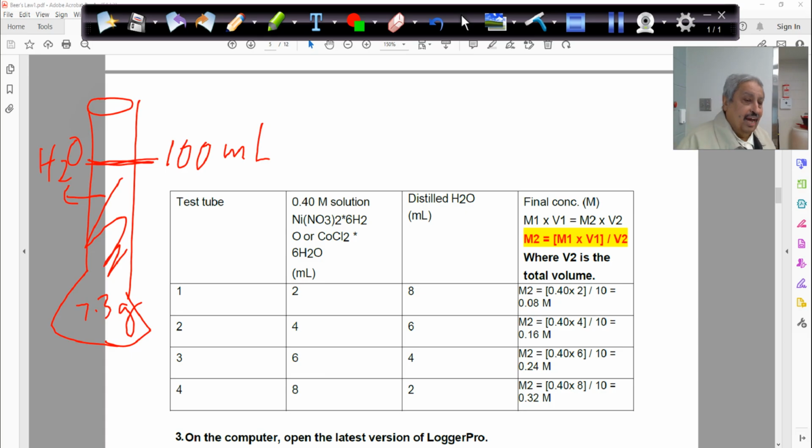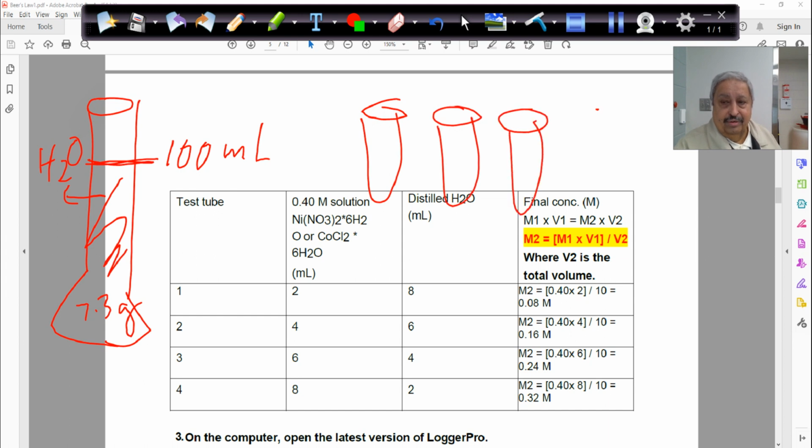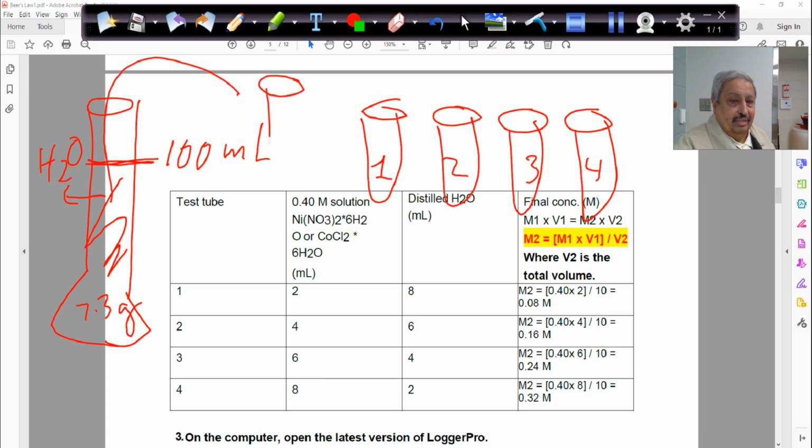And then you will take a graduated cylinder. You will have 4 test tubes, 1, 2, 3, 4. You can label them: this is 1, this is 2, this is 3, this is 4. For the first one, you will take out of this using the graduated cylinder.